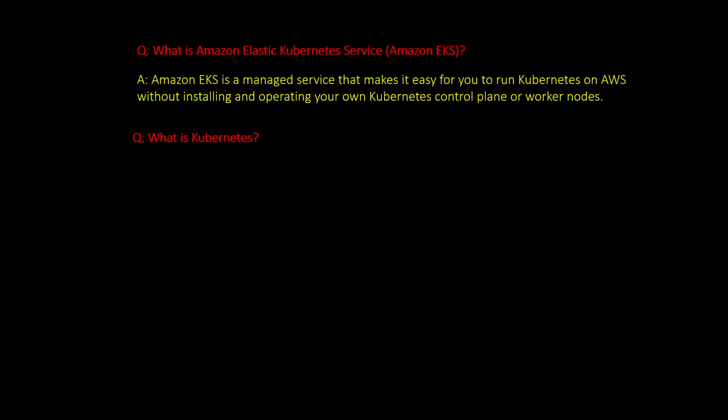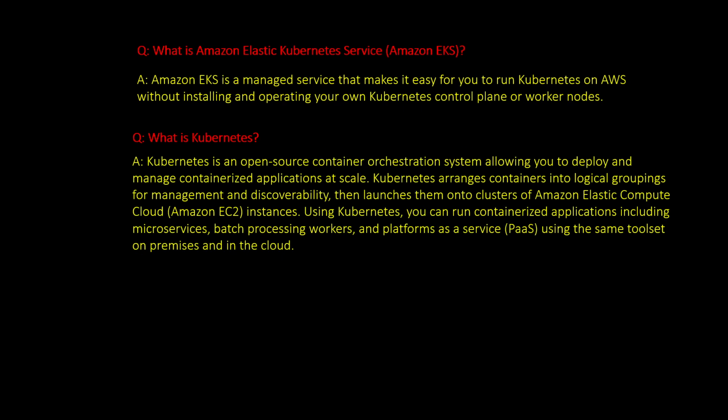What is Kubernetes? Kubernetes is an open source container orchestration system that allows you to deploy and manage containerized applications at scale. Kubernetes arranges containers into logical groupings for management and discoverability, and then launches them into the cluster of Amazon Elastic Compute Cloud EC2 instances.